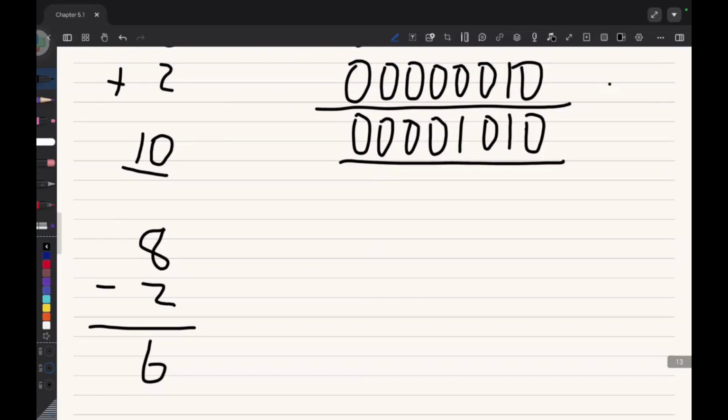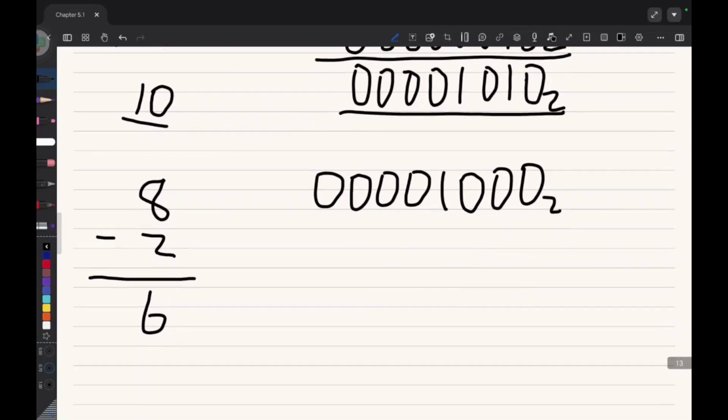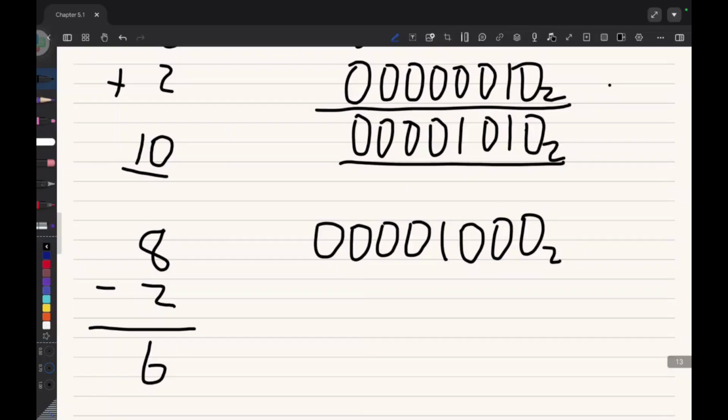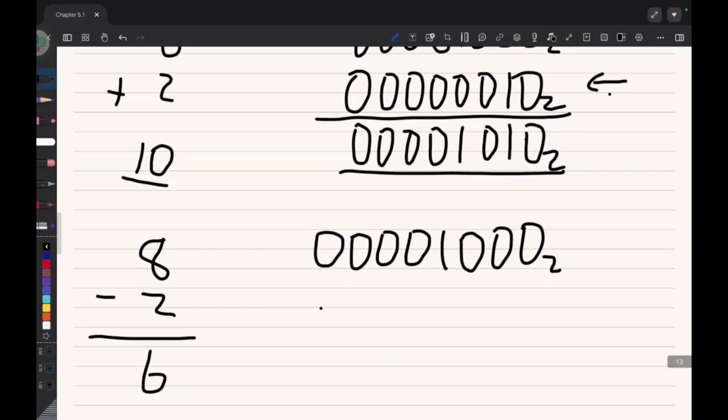We already have the binary number for 8, which is 4 zeros and then a 1 and 3 zeros. Then we take 2's complement. Let's complement that number before we add it.